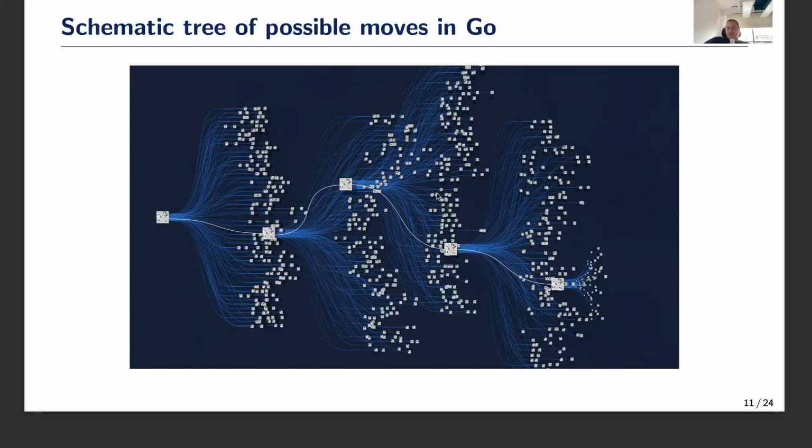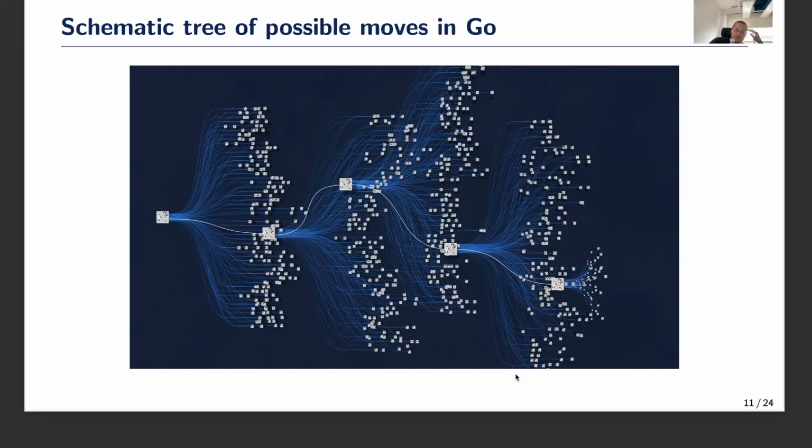Each edge represents a legal move. As you can tell, the tree explodes very quickly. Each of these positions has its own tree, each of these positions has its own tree, and so on.